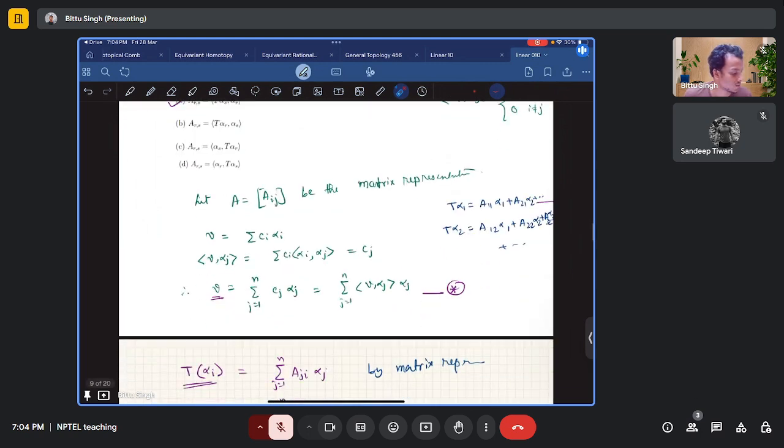You can remember this as: any vector can be written as the sum of the projection on each direction. So I am taking the projection of this V in the direction alpha j, and now I am taking the sum because those alpha j's are orthonormal, so the norm is 1.